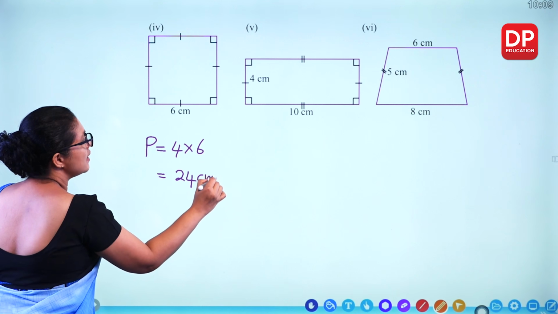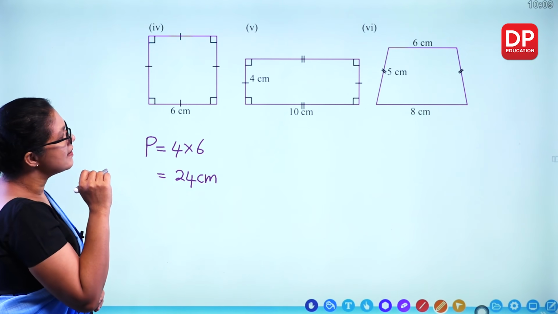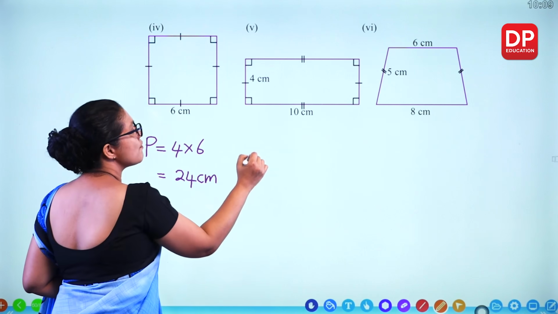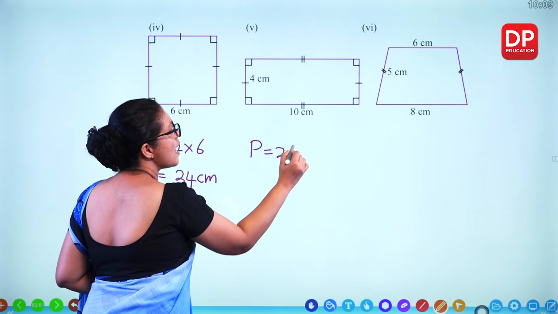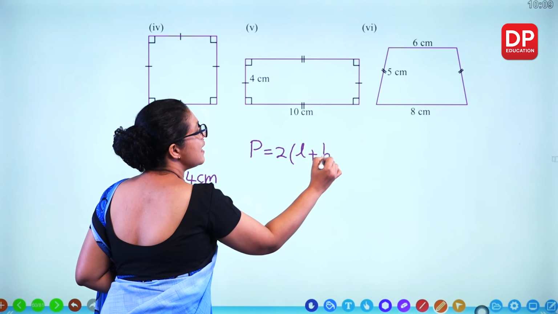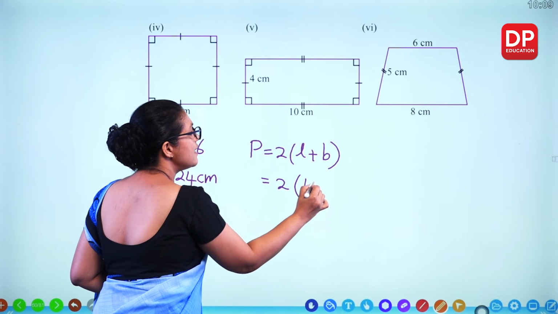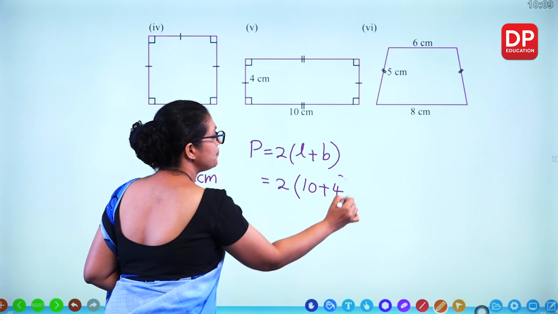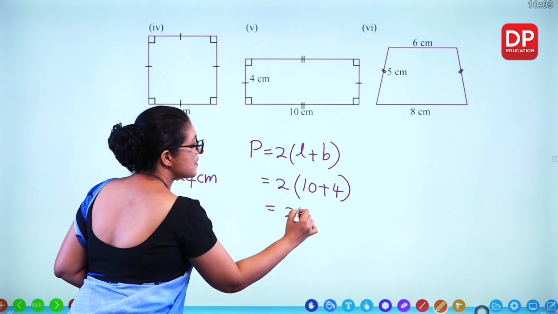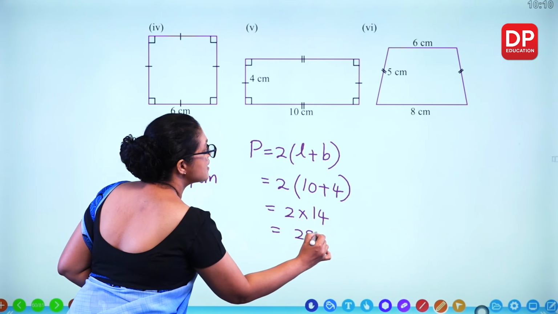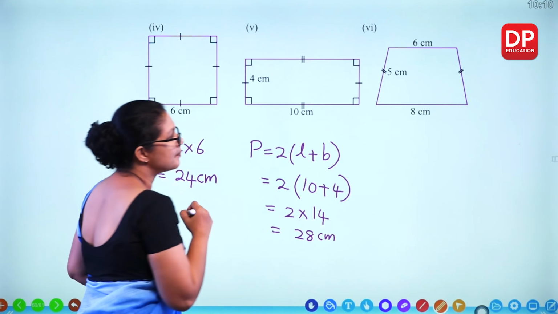So 24 centimeters. This is a rectangle. Opposite sides are equal. So what's the formula? 2 times (L plus B), length and breadth. So 2 times, length is 10, breadth is 4. 2 times 14, you get 28 centimeters.